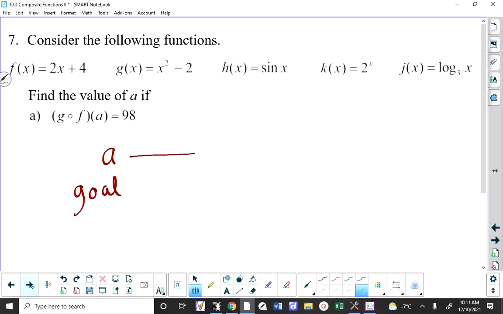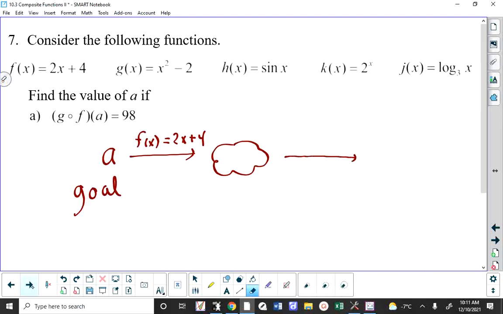That is going to go through f, and f of x, which it's going through first, is 2x plus 4. Whatever we get there goes through g of x, which is x squared minus 2. And what comes out is 98.